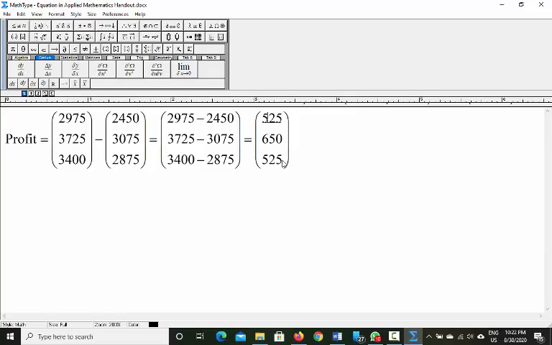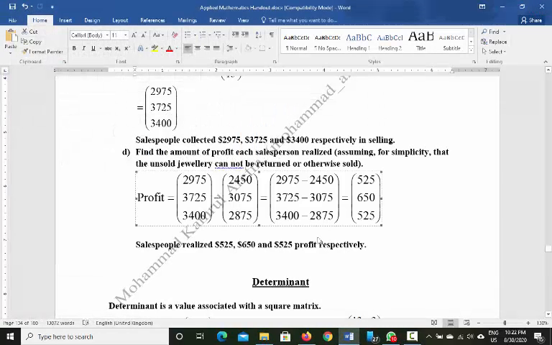Salesperson 3 is making $525 profit per month. So salespeople realized 525, 650 and $525 of profit respectively.